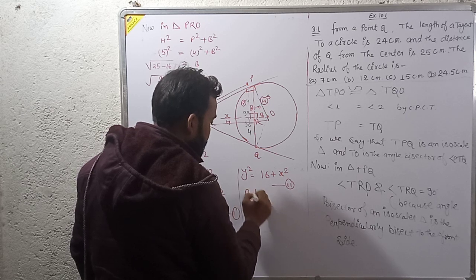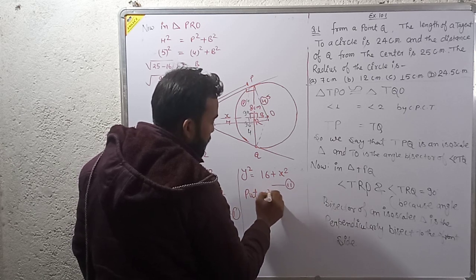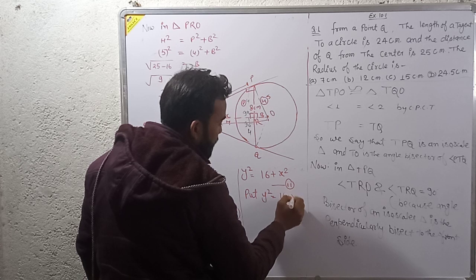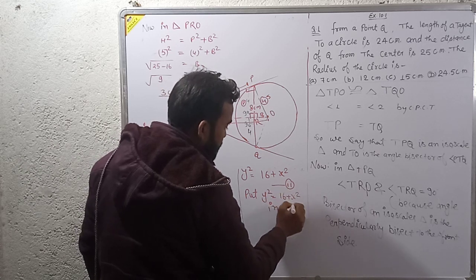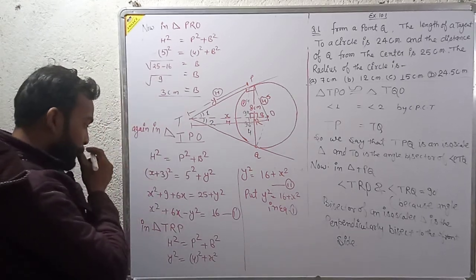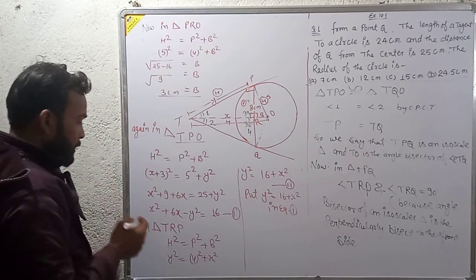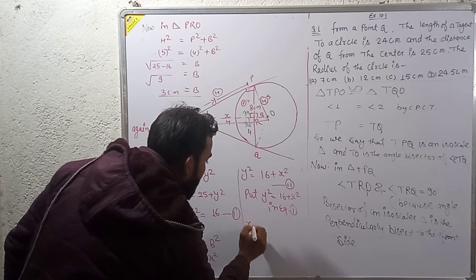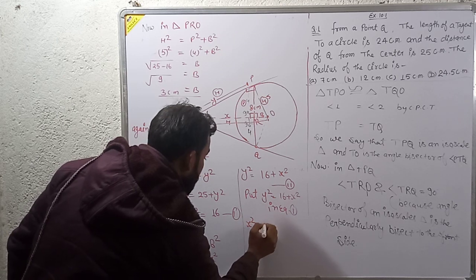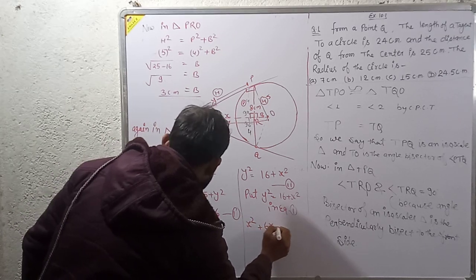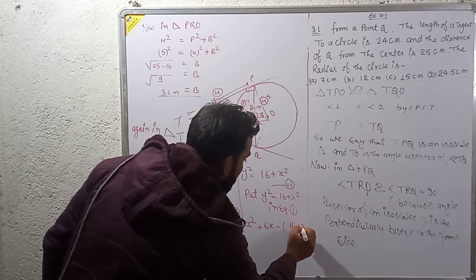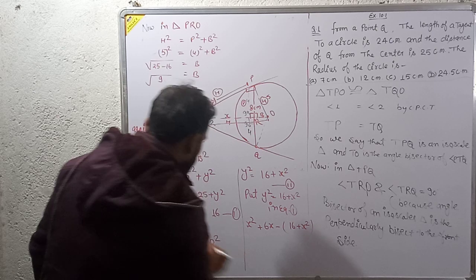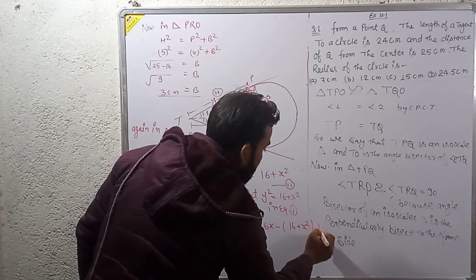Put y square is equal to 16 plus x square in equation number first. So we have x square plus 6x minus 16 plus x square is equal to 16.